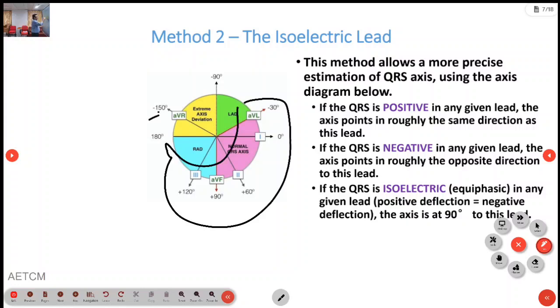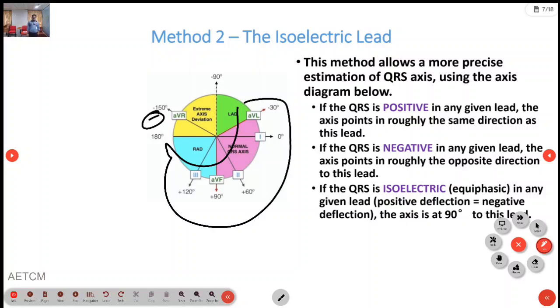AVR is always negative, so we don't discuss that. Any of these leads, 1, AVL, 2, 3, AVF, the axis points roughly the same direction as this lead. If the QRS is negative in any given lead, the axis points roughly in the opposite direction of the lead.